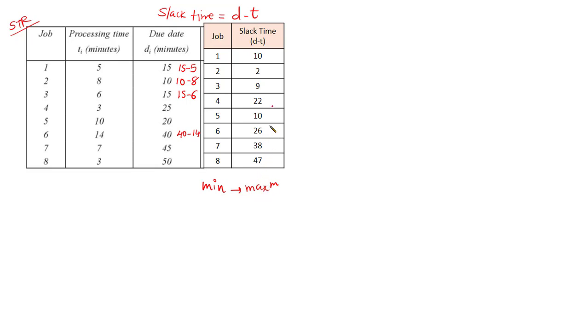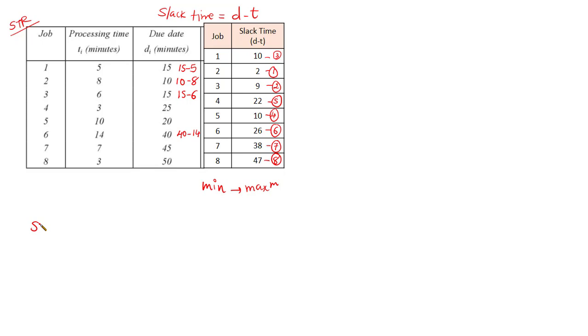So we will start with this one, as this is the minimum number. As we can see, it is 2, right? So it will be first, then second, then third, fourth, fifth, sixth, seventh and eighth.